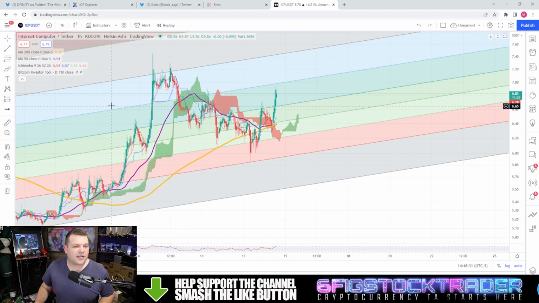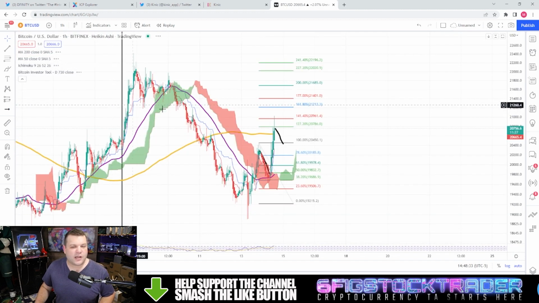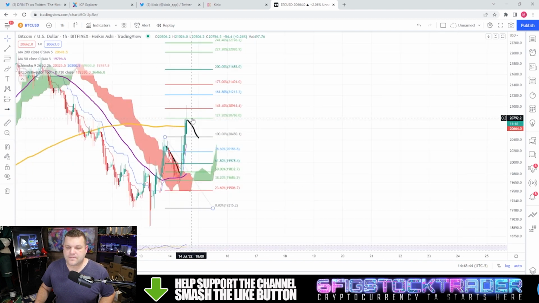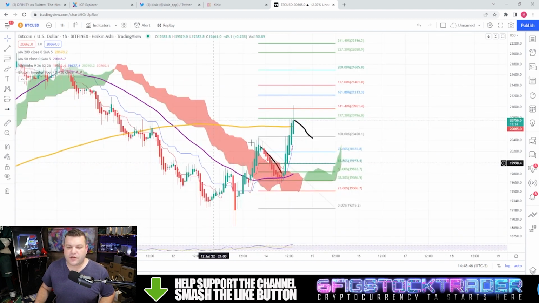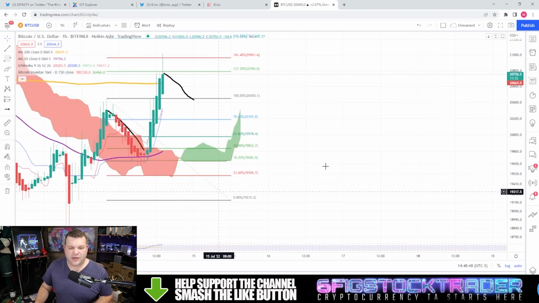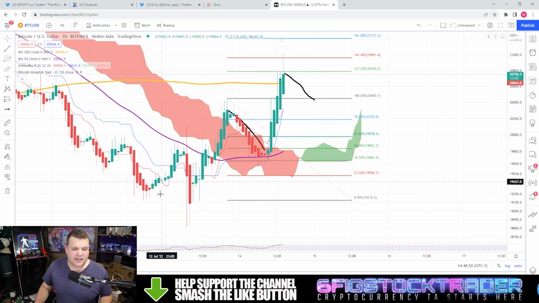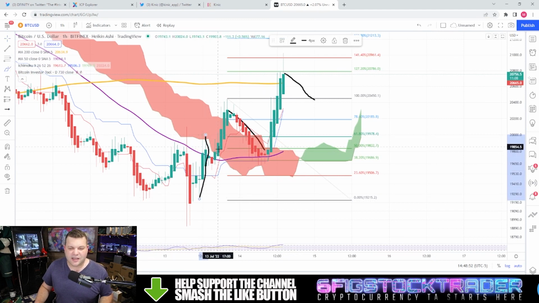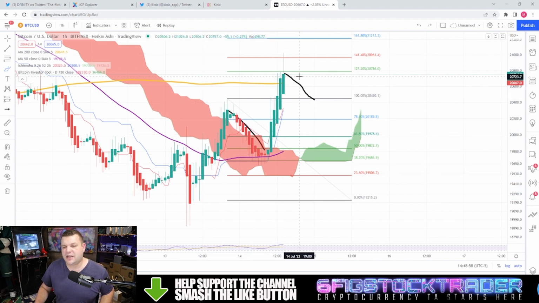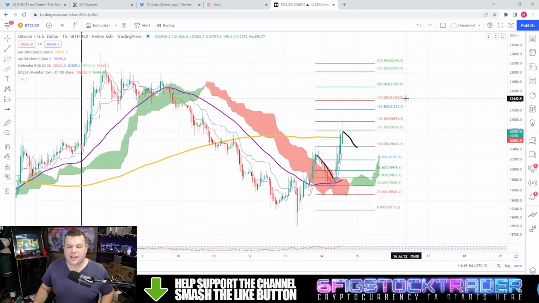So let's look at Bitcoin here as well. Here is Bitcoin, folks, and we could almost argue that there is a little bit of Elliott wave theory movement to the upside here. So we might see a little bit of a retracement coming down to maybe this $20,000-ish level. I hope not. I hope this thing just continues to moon.